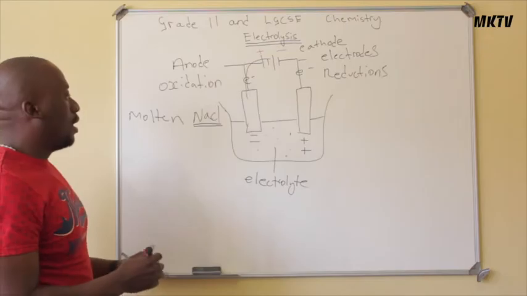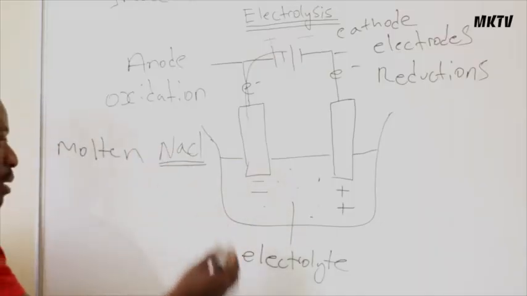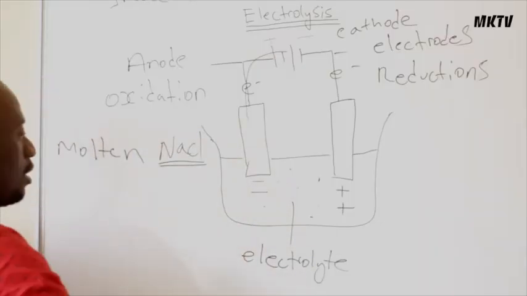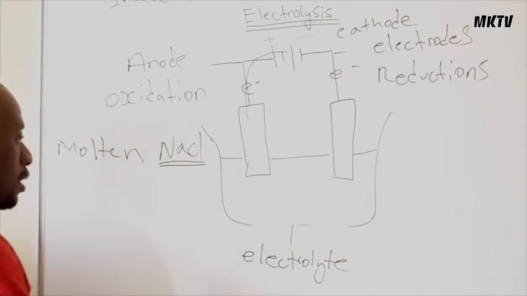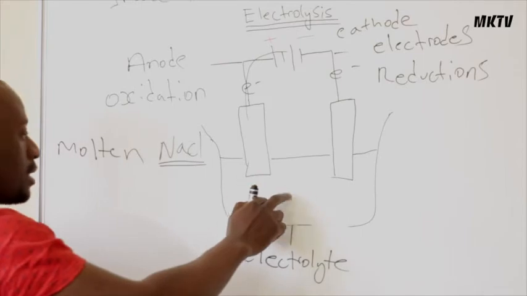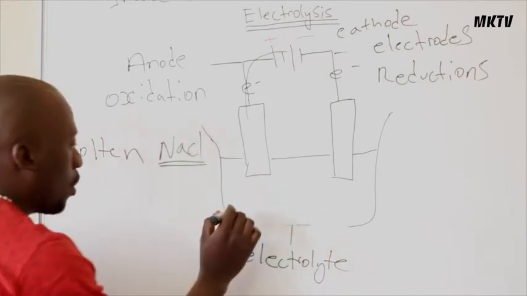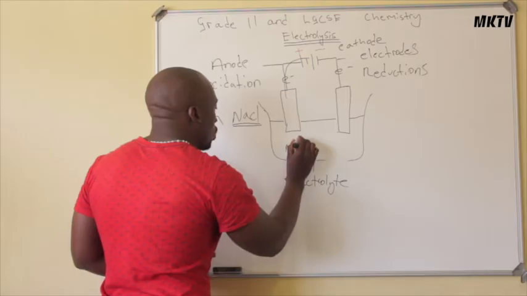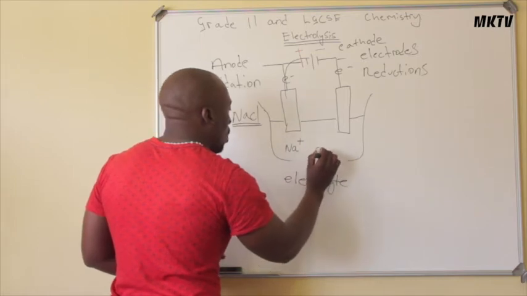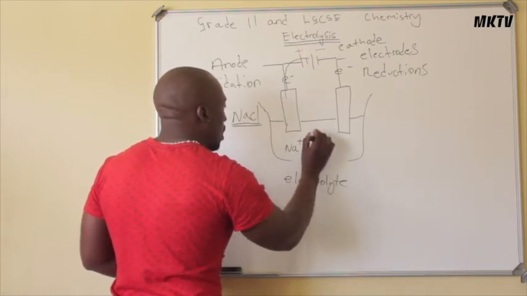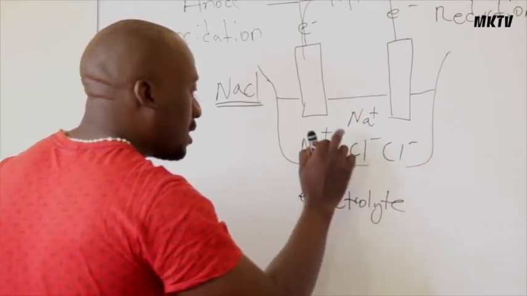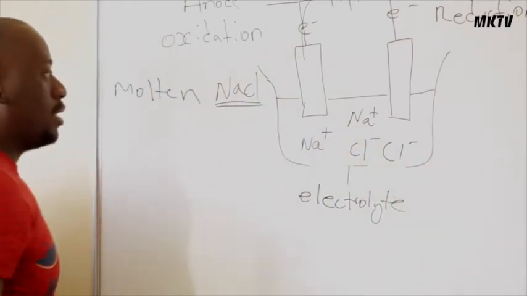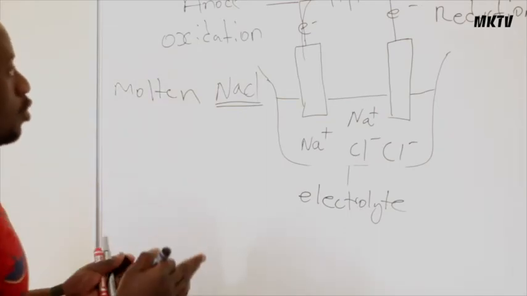So now, there we come, sodium chloride. Immediately when sodium chloride is dissolved inside our electrolytic cell, we are going to have the sodium ions and the chloride ions inside our electrolyte here. So this is what is going to happen.